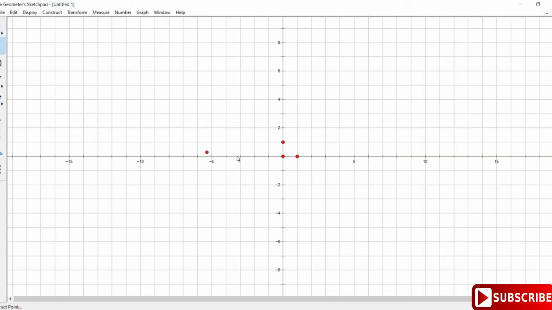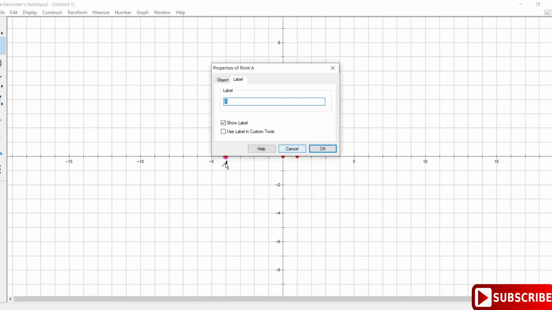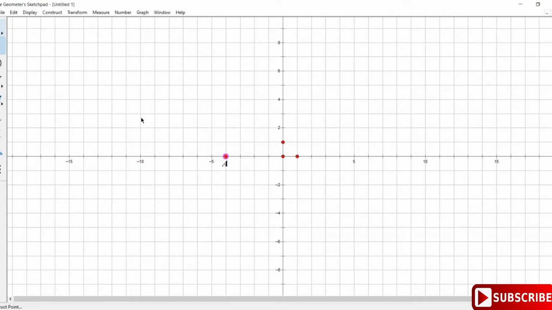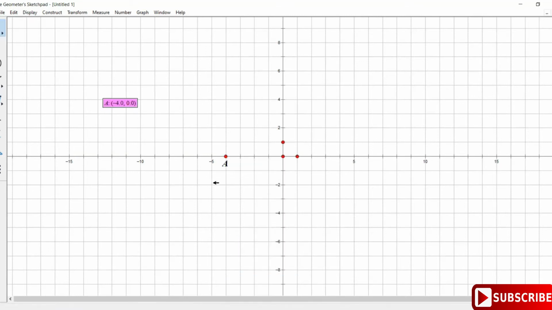Minus 4, 0 is right here. And let's label that point as A. That's minus 4, 0. Let's show the coordinates as well. So this is the point A, minus 4, 0.